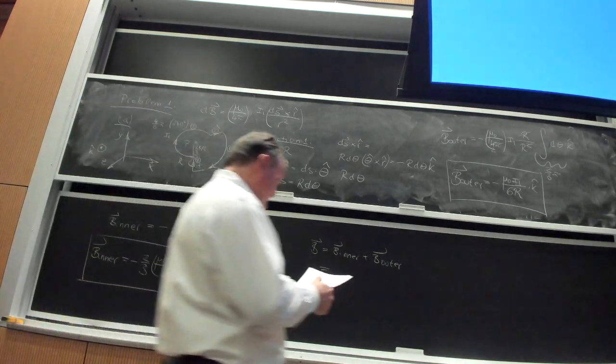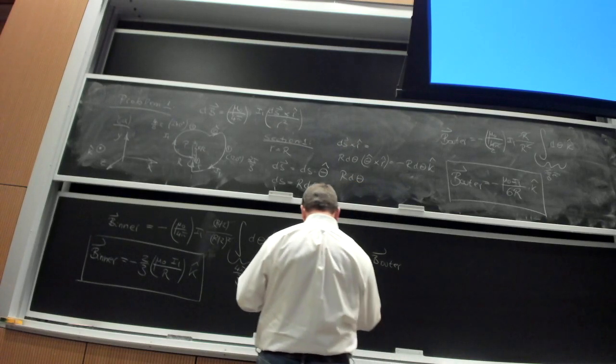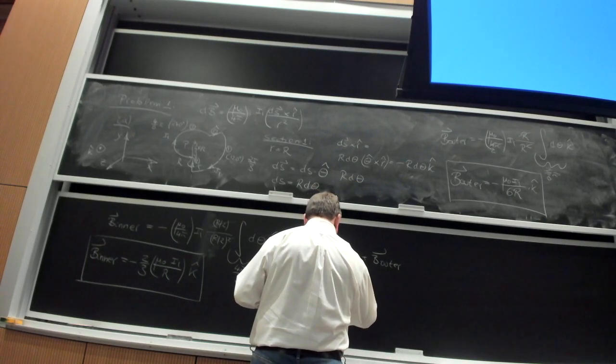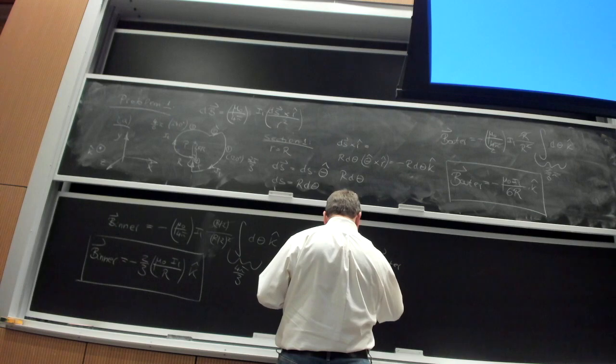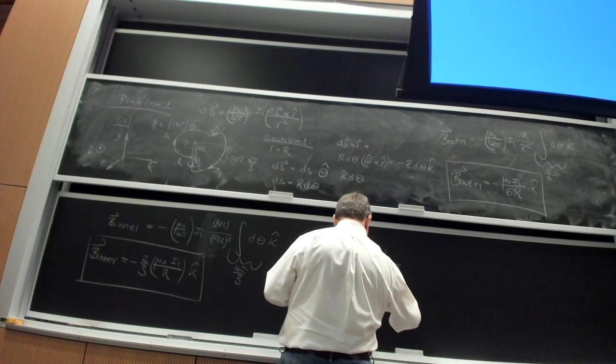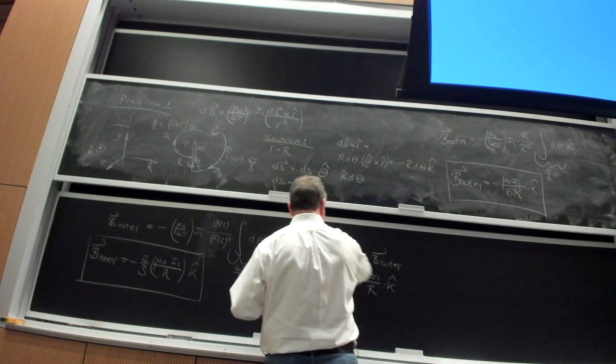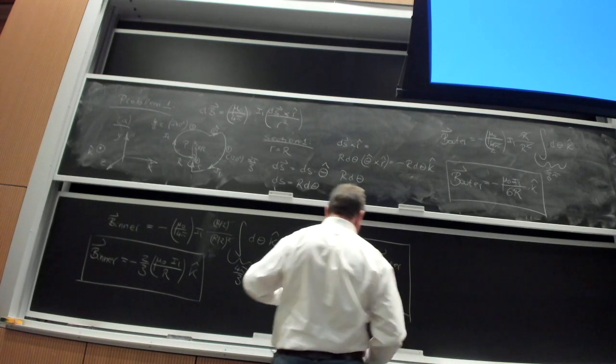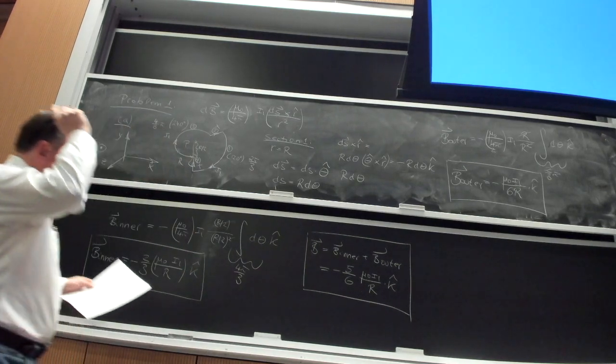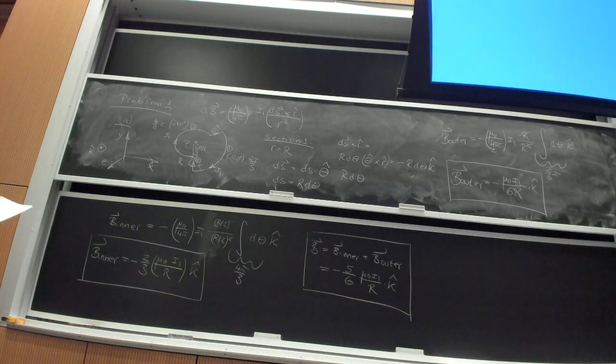You get something like 5 over 6. So minus 5 over 6 mu naught I1 over R times k. So a problem like this will be on the exam.